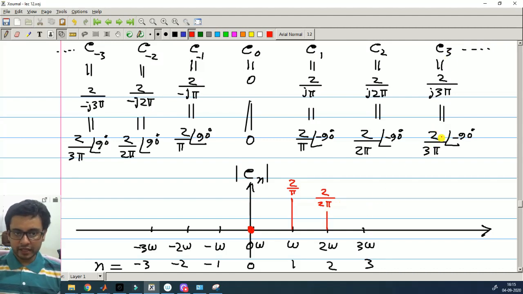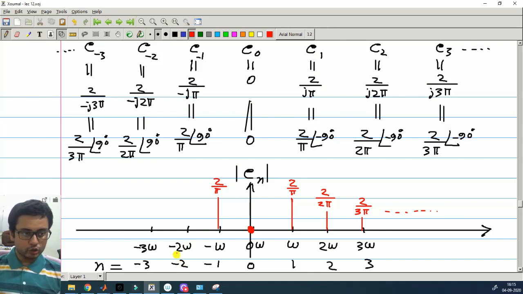C3 has a magnitude 2 over 3 pi, so we will plot a line here with magnitude 2 over 3 pi, and so on. Similarly, for n equal to minus 1, C minus 1 is 2 over pi, so we'll plot a line with height 2 over pi.